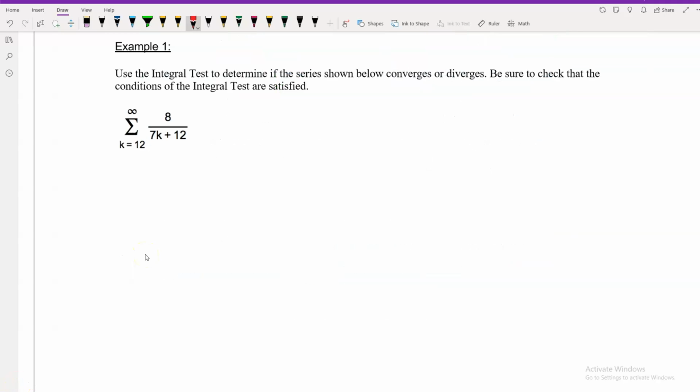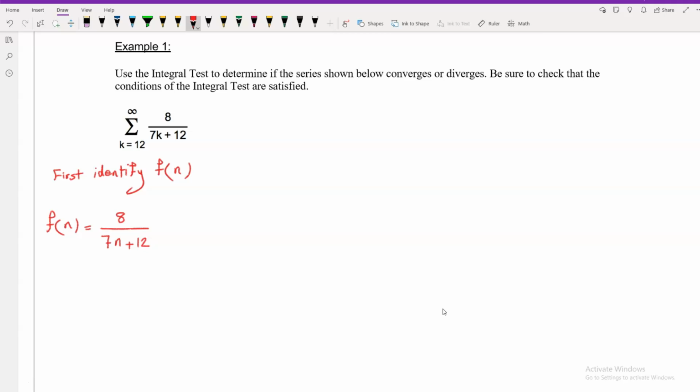Example: use the integral test to determine if the series shown below converges or diverges. Be sure to check that the conditions of the integral test are satisfied. What is given here is the sum of 8 over 7k plus 12, with k from 12 to infinity. Based on the integral test, let a sub n be a sequence of positive terms.